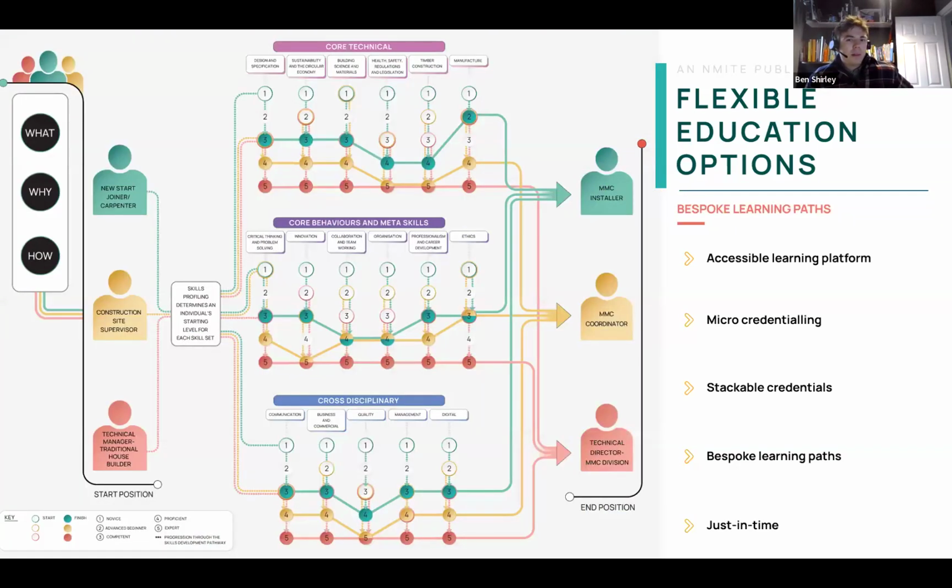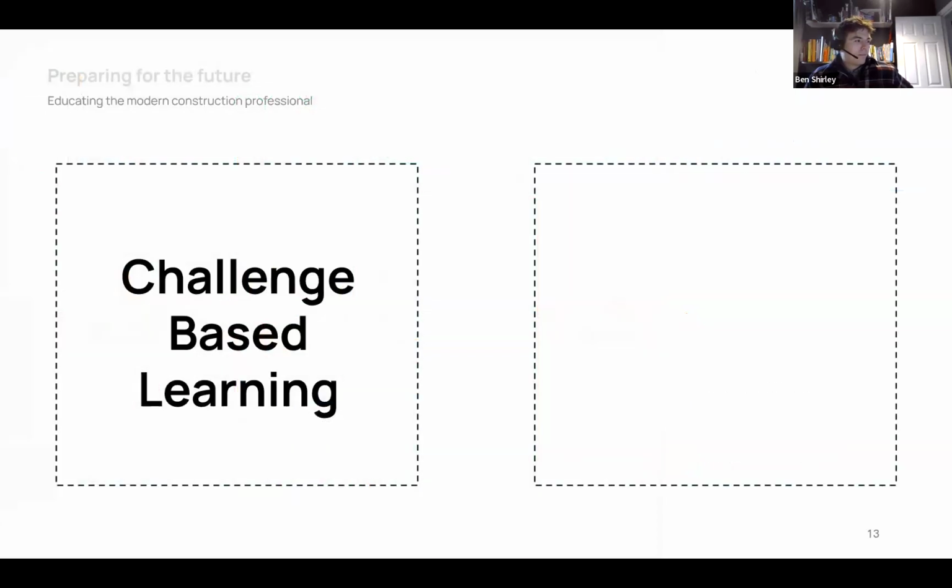And this is what that might look like. Here's a diagrammatic example of how that may look. Taking a current industry professional, using micro-credentials, teaching relevant competencies for the new role at the correct level, all of which stack up to create these bespoke learning paths, which ultimately creates industry-ready workers ready to deliver the sustainable built environment. We like to do this as challenge-based learning.